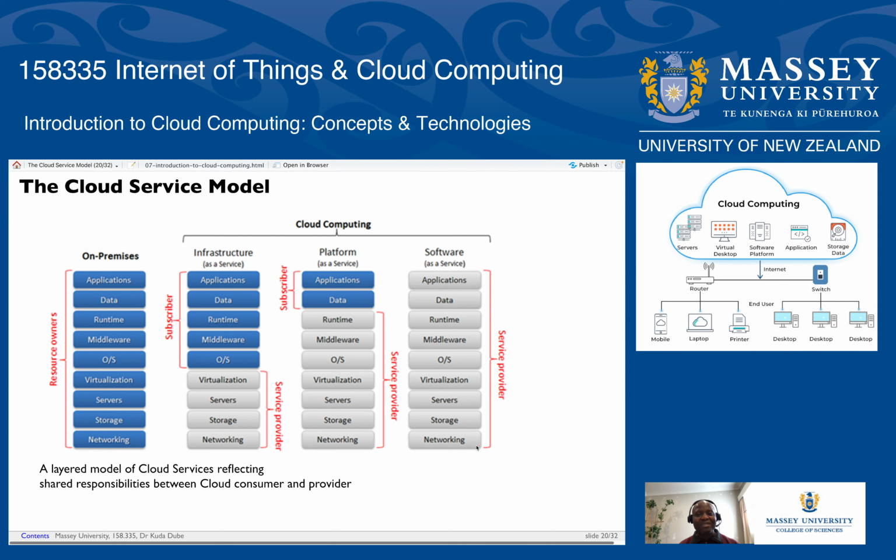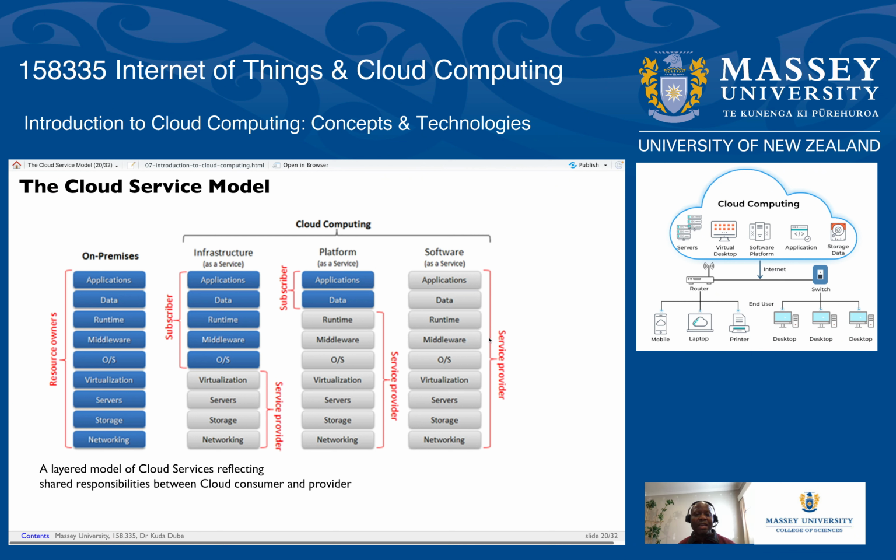They are responsible for the application, they constantly maintain it, and the data and the rest of the layers. So in this case, the service provider is responsible for 100% or almost all the layers. That's why we say it's software as a service. You just go there and start using the software. So that's the cloud service model.